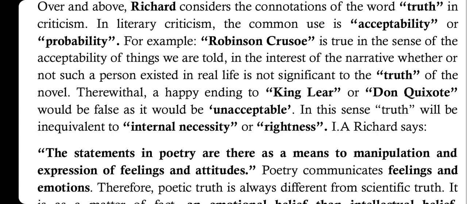In the interest of the narrative, whether or not such a person existed in real life is not significant to the truth of the novel. Therefore, a happy ending to King Lear, written by William Shakespeare, or to Don Quixote, would be false, as it would be unacceptable.